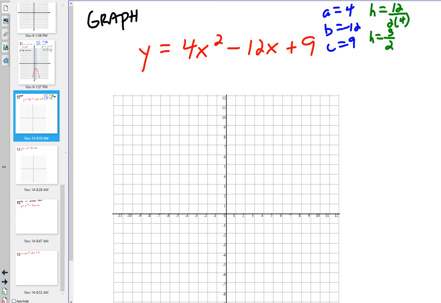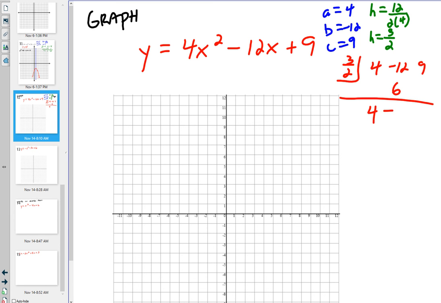So look, I don't really mind if you want to put it in as a decimal, because I have to find K by plugging it in. If you want to plug it in as a decimal, it's 1.5. I'm not afraid of fractions, so I'm gonna just leave it as 3 over 2. 4, -9. And a nice thing occurs once you drop down the 4, the fraction disappears. What is 4 times 3 divided by 2?